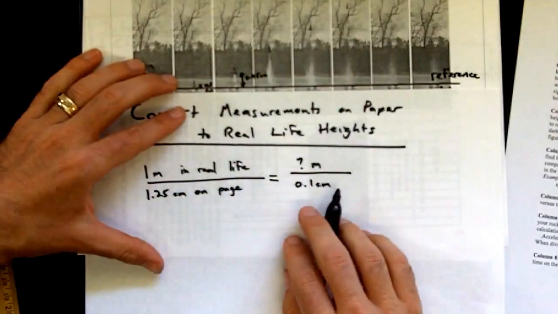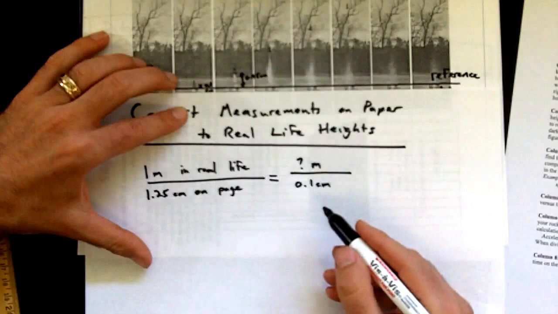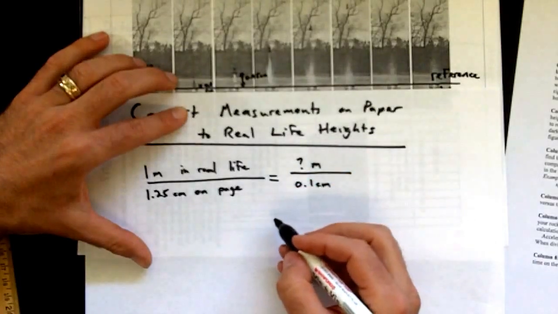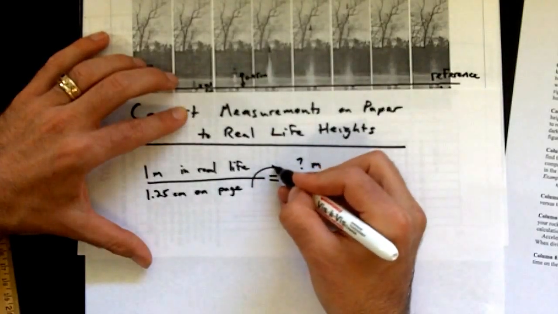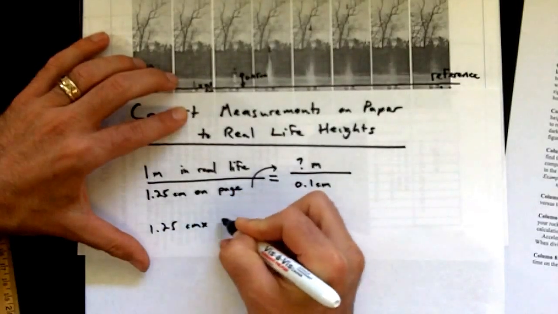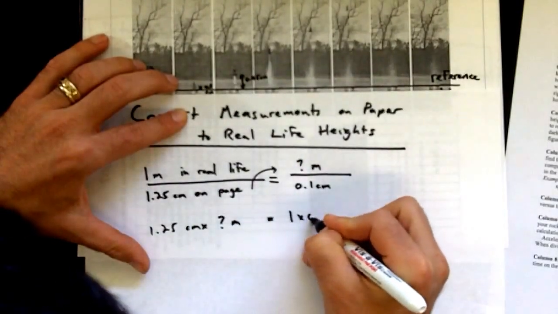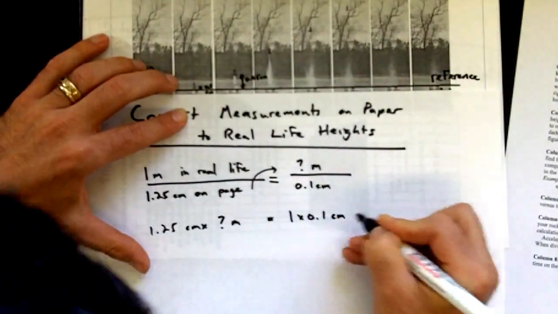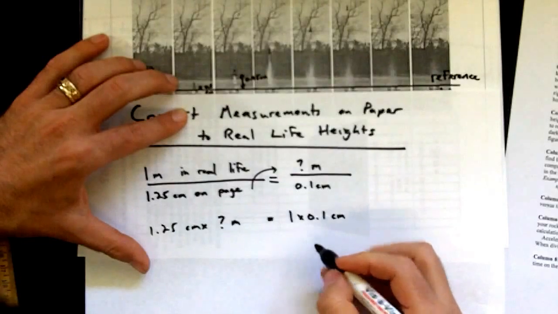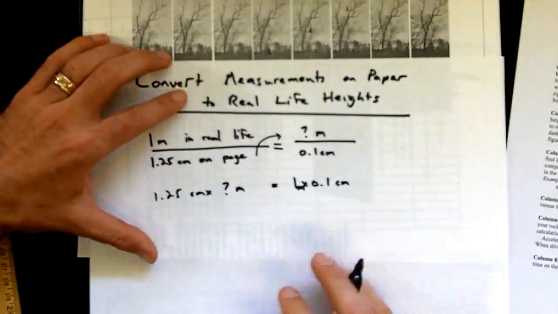Now we have a proportion problem, and we'll be able to solve this using our simple standard rules for proportions, which is going to be cross-multiplying. 1.25 centimeters times question mark meters equals 1 meter times 0.1 centimeters.